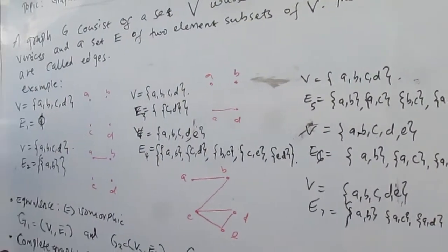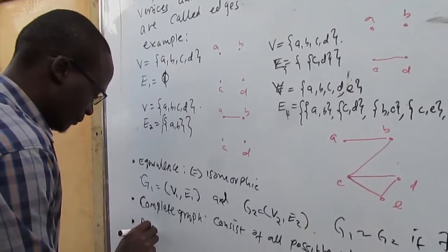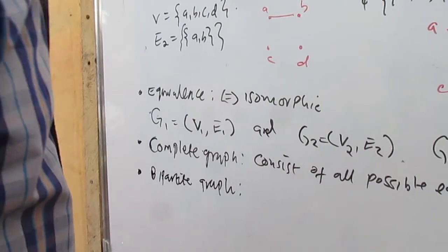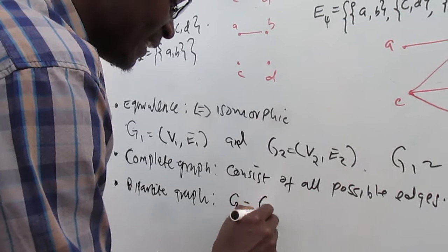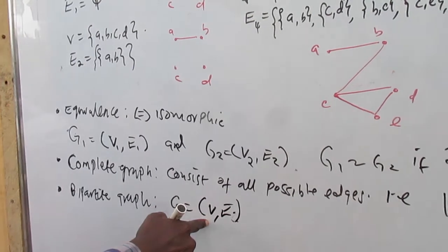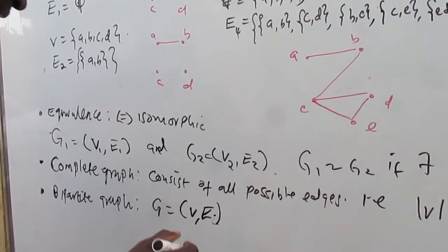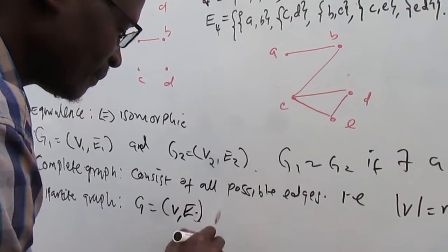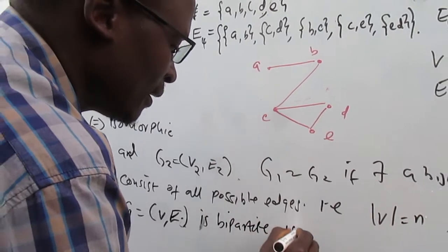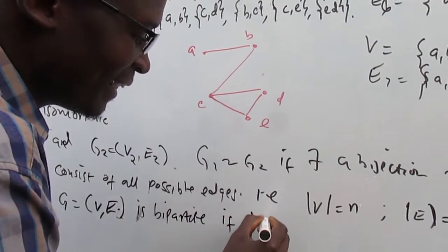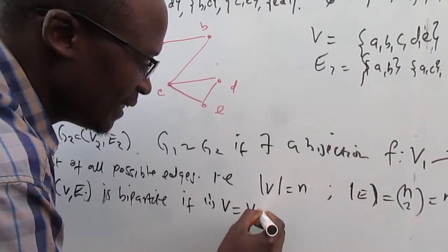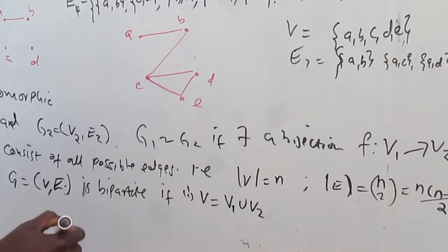Now we also need to know what a bipartite graph is. We say that a graph is bipartite if we have a graph whose vertex set is V and whose edge set is E, and, number one, we can express the vertex set as a union of two disjoint subsets.